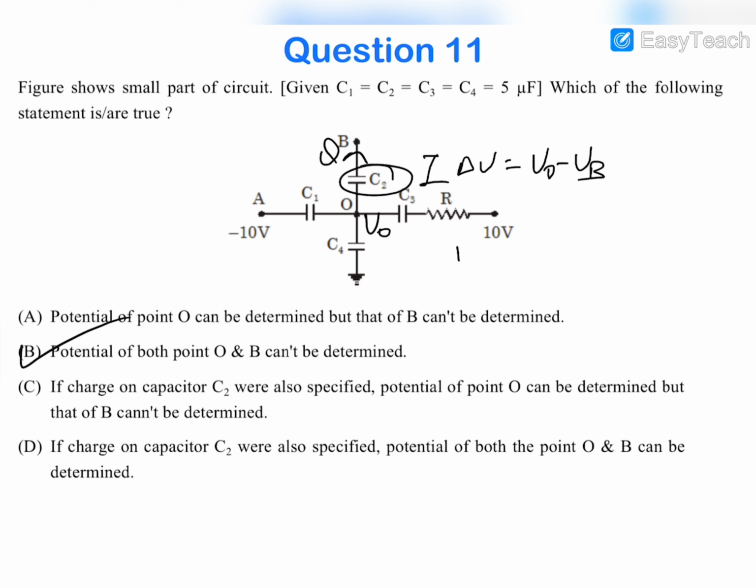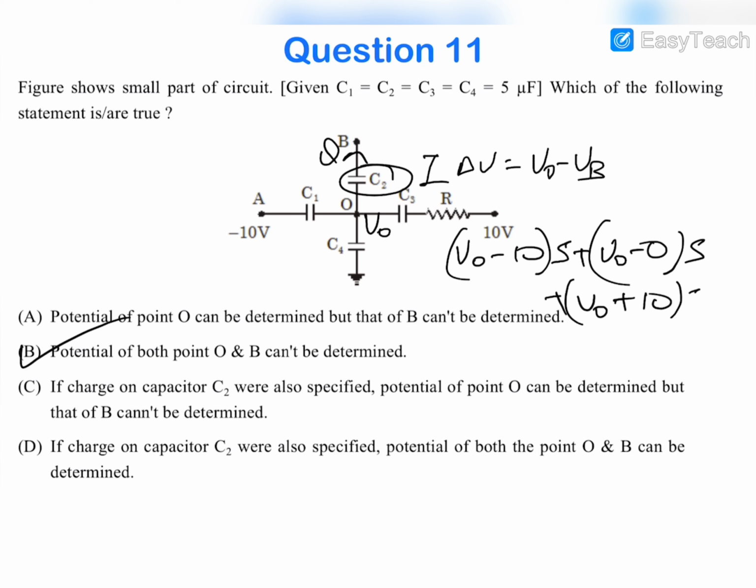So we apply nodal analysis: VO minus 10 into C3, which is 5, plus VO minus 0 into C4, which is 5, plus VO plus 10 into C1, which is 5, plus this Q. If this Q is given, then we can find VO, and if we can find VO, then obviously we can find VB, because in that case delta V will be given, and delta V will be equal to Q by C, which is 5.